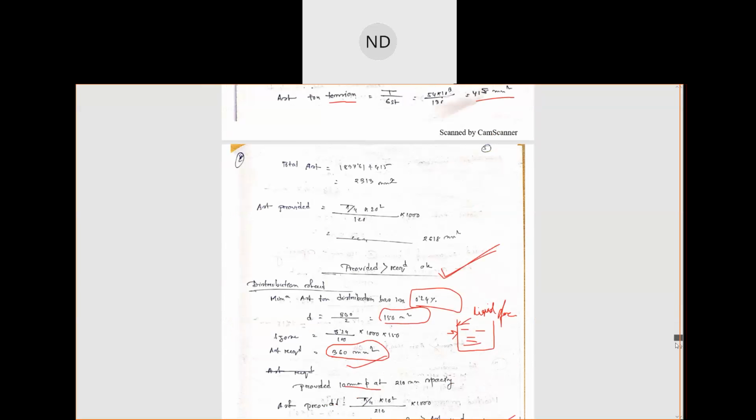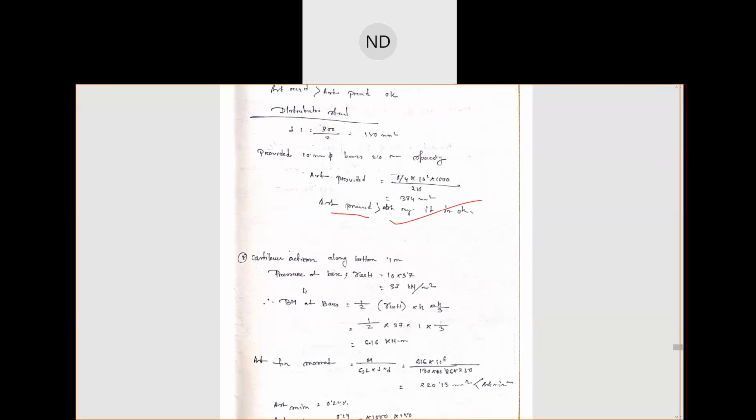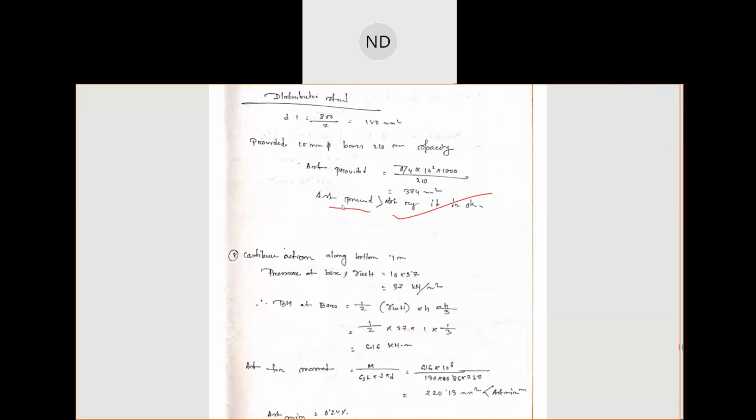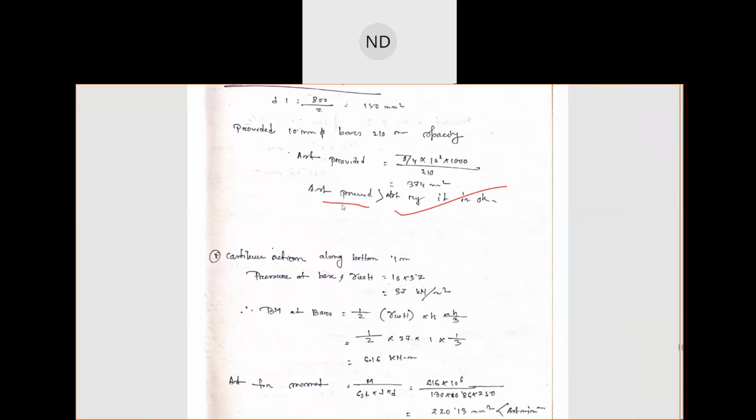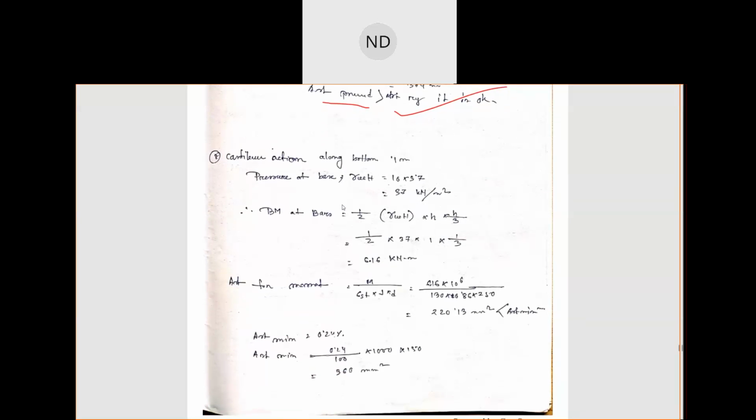We were having a rectangular section. Now comes this one. We have done till here the distribution steels. Now we will be doing the cantilever action. For the top portion we had the continuous frame, and we designed that as a continuous frame.